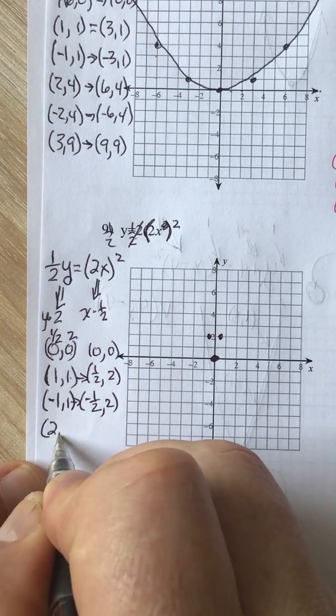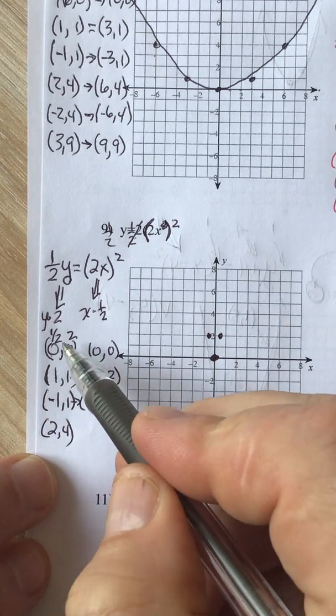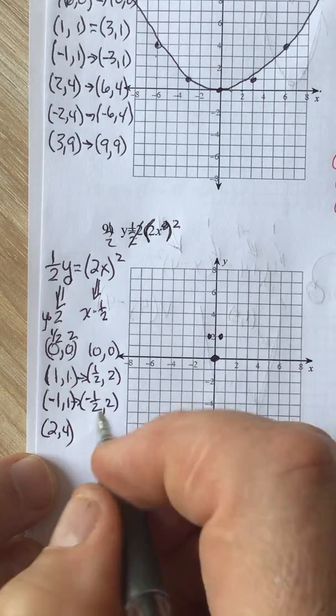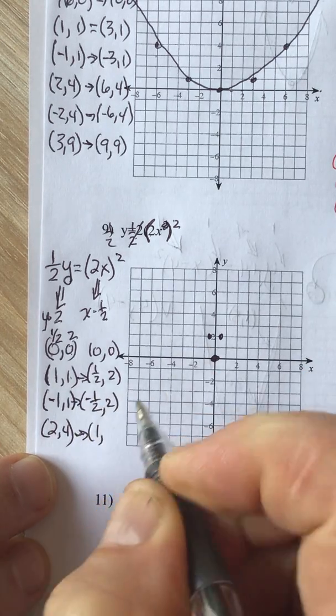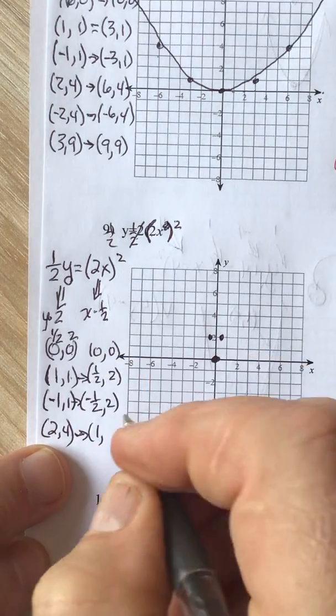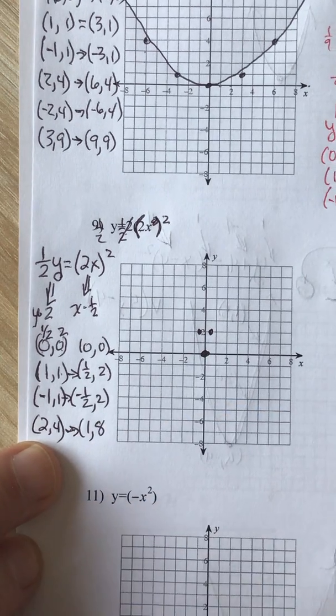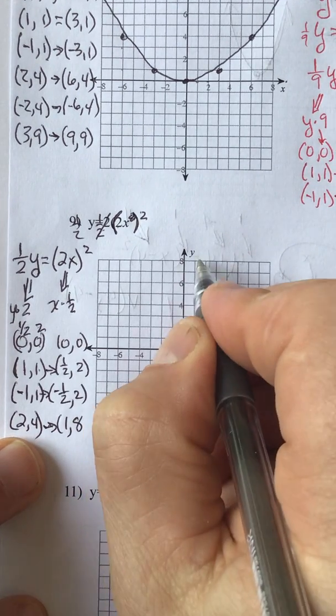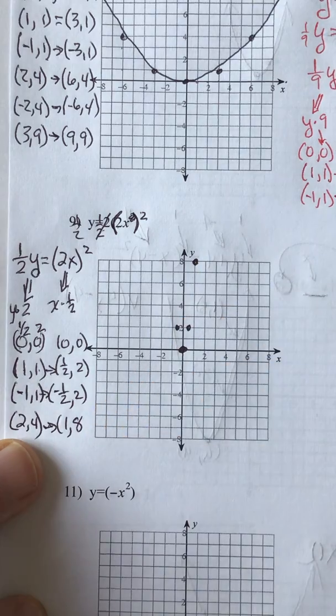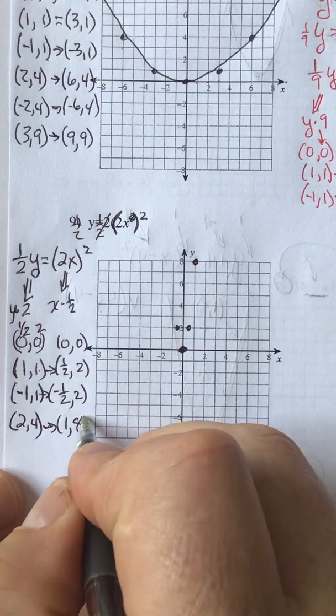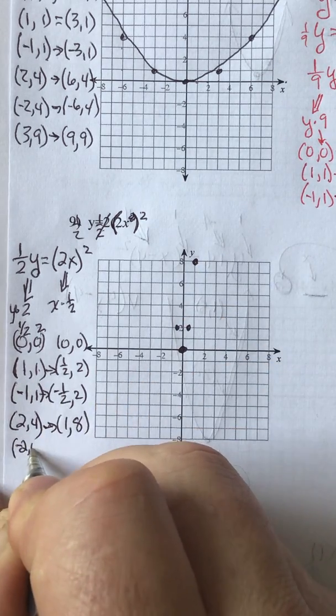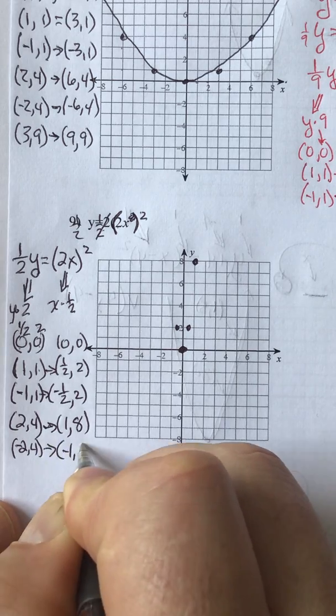The next parent shape was 2, 4. The x is getting halved, making it 1, while the y is getting doubled, making it 8. So over 1, up 8 is the next specific location. And then negative 2, 4 will become negative 1, 8.